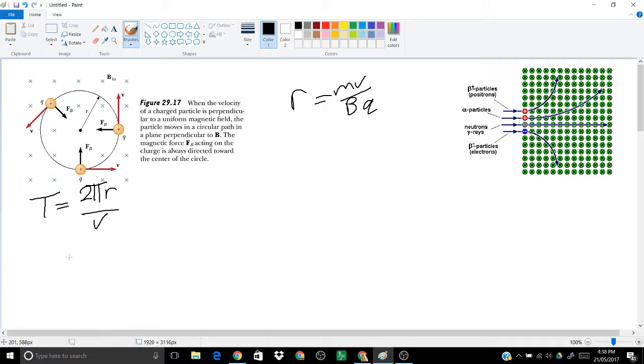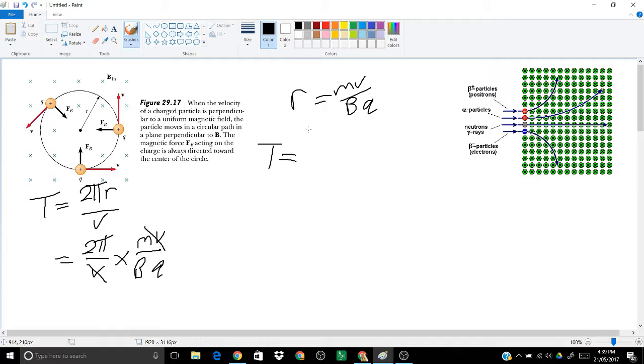Now what I'm going to do is take out the R and substitute in what we just discovered. Now this will actually cancel the two v's. Now I'm going to write that up here. T, so there's a second equation.